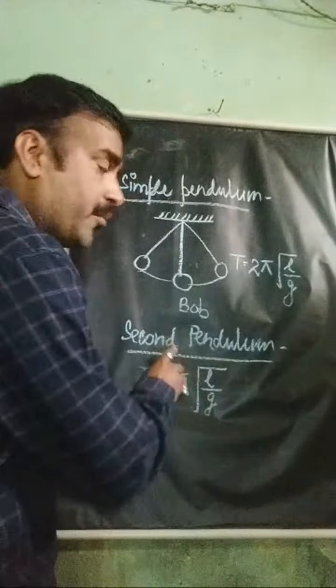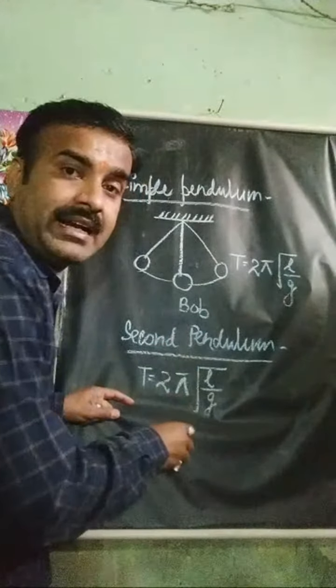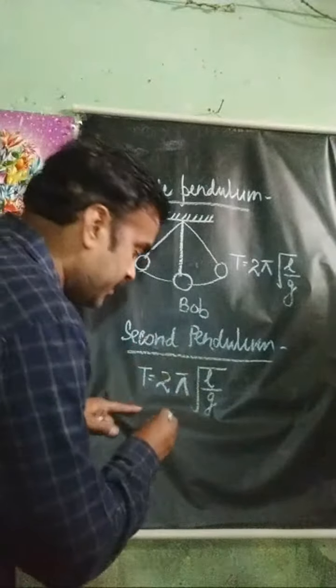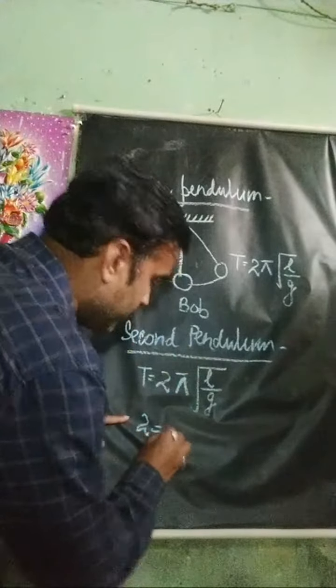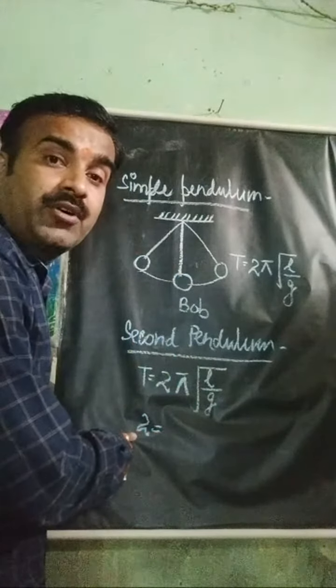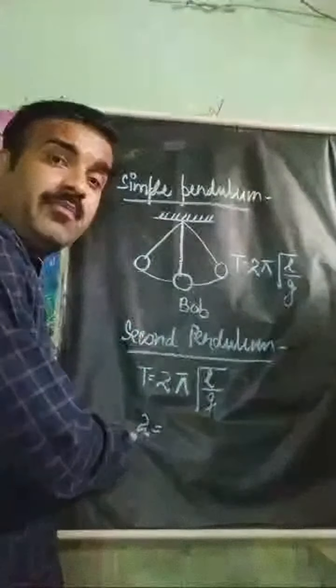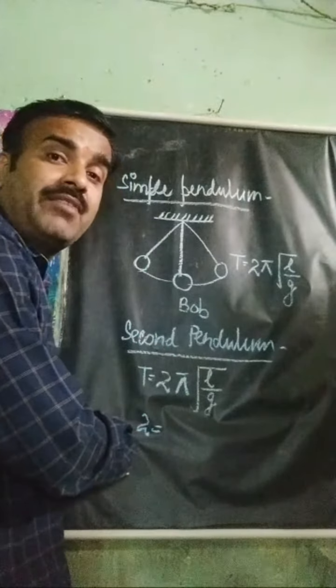So on the basis of this definition we can write T equal to 2 seconds, because I have already defined the second pendulum as that pendulum whose time period is 2 seconds.